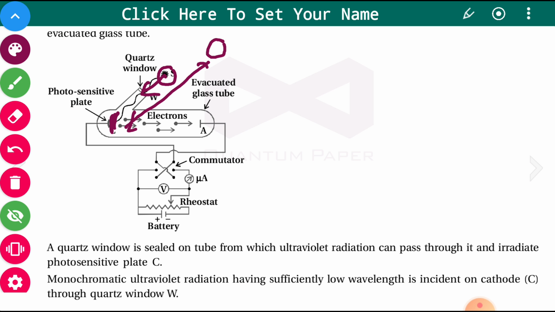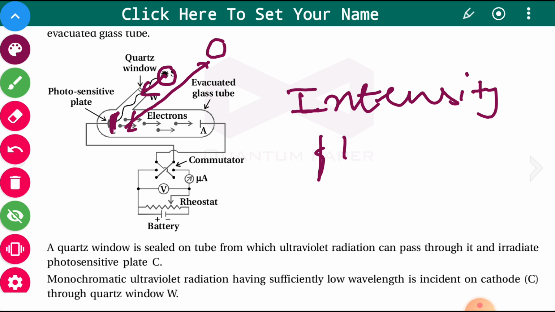So this way the intensity of incident light, then the frequency, then the potential difference between C and A can be changed. Then by changing the potential difference, the change in electric current can also be measured.